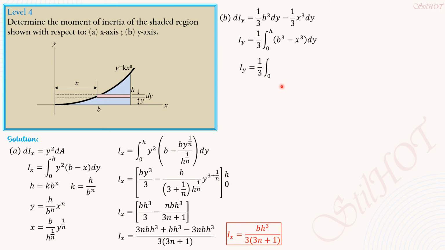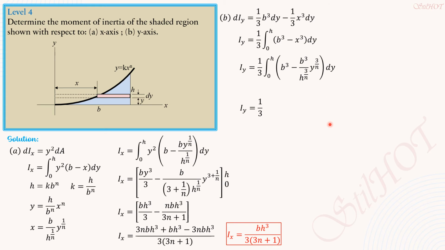So Iy equals 1/3 integral from 0 to h of b cubed minus b cubed over h to the 3 over n times y to the 3 over n, dy. The integral of the first is b cubed y, and the integral of the second is b cubed over h to the 3 over n, which we just copy, then y to the 3 over n plus 1, divided by 3 over n plus 1.